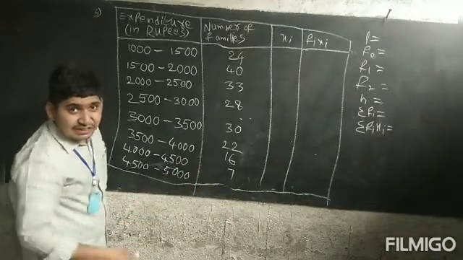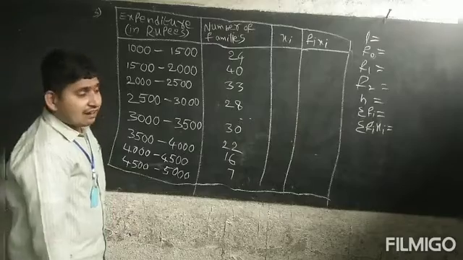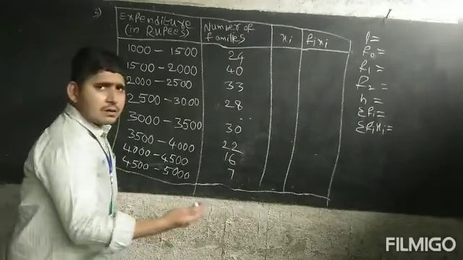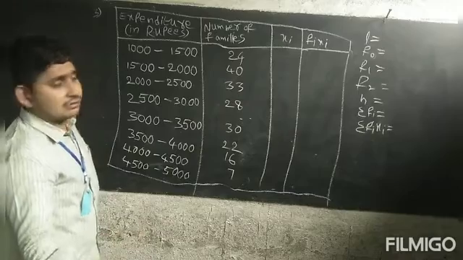Now this is the given data. Now we have to find the mean and mode.